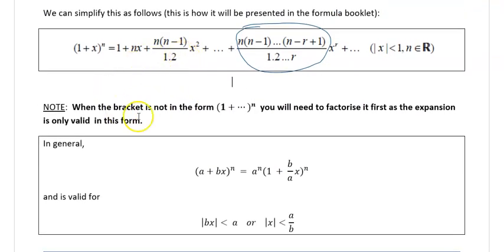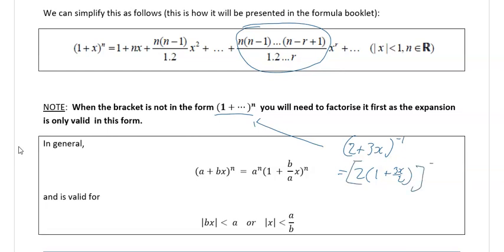Again, there's another note which is important here. If it is not in the form 1 plus something to the power of n, you need to get it in that form. For example, if I had (2 + 3x) to the power of -1, I want to get it back in this sort of form. So I'm going to take out a 2, and then that becomes 2[1 + 3x/2], all to the power of -1.